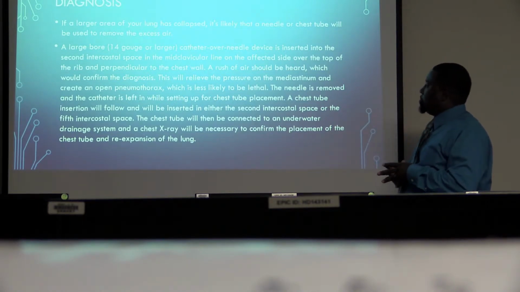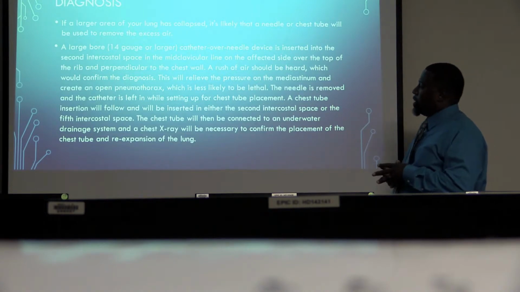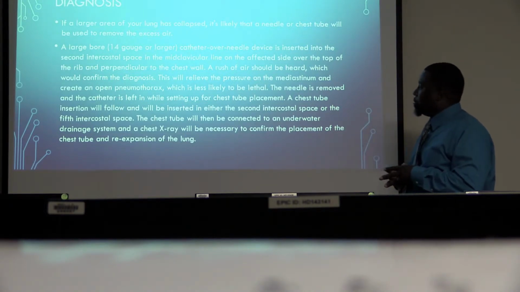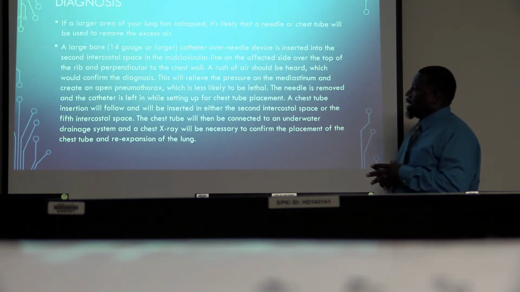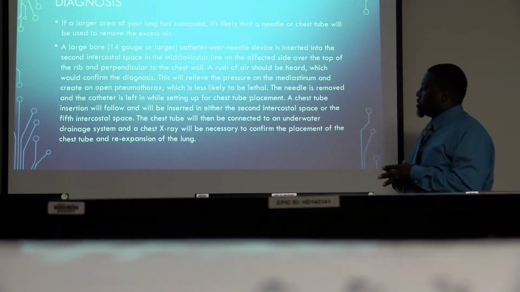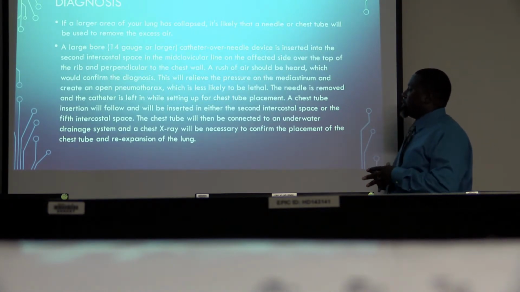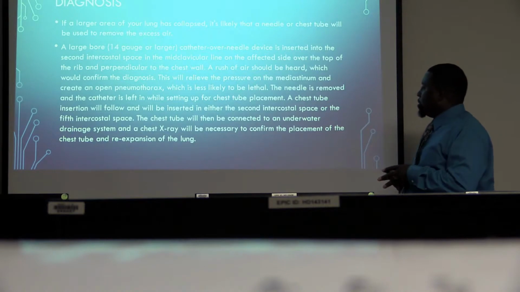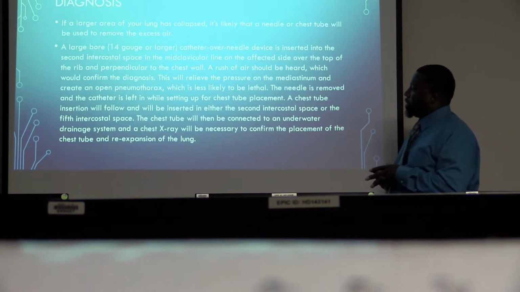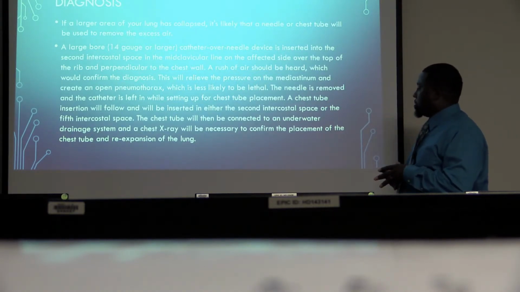A rush of air should be heard, which will confirm the diagnosis. This will relieve the pressure on the mediastinum and create an open pneumothorax, which is less likely to be lethal. The needle is removed and the catheter is left in while setting up for chest tube placement.